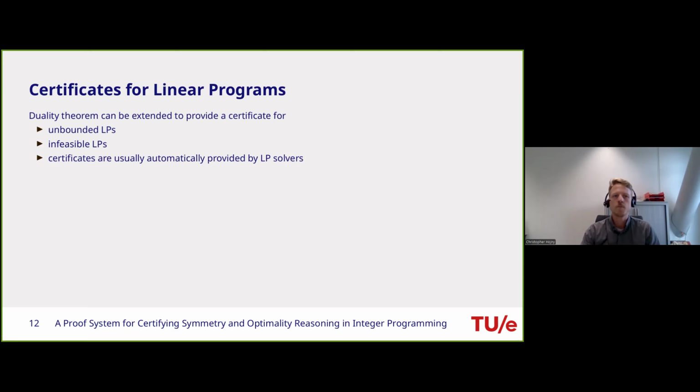And it can also be defined for infeasible linear programs, so to certify that no solution exists at all. And the nice thing about these dual certificates is that many linear programming solvers automatically provide such certificates, for instance, if you solve it using the simplex algorithm.